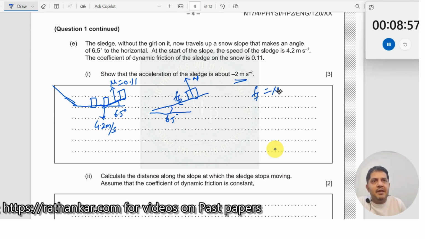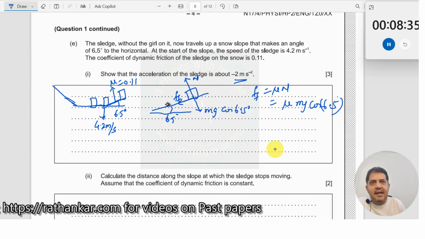Frictional force should be equal to mu times N, right? And what is N here? N is nothing but mg cos 6.5 degrees. So therefore N is equal to mg cos 6.5 degrees. So the frictional force should be mu times mg cos 6.5 degrees. This is the frictional force acting backwards, right? Opposing the motion of the object.